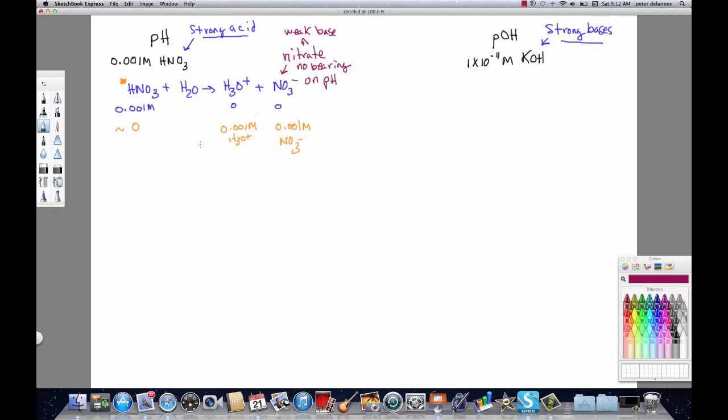All right. Now, let's go ahead and turn to the situation with the KOH. Remember, for a strong base, we have a similar situation. So we take the KOH, we add it to water, and the material is going to ionize completely to 100%. So, like with the strong acid, we're starting with a solution that's 1 times 10 to the minus 11th molar.